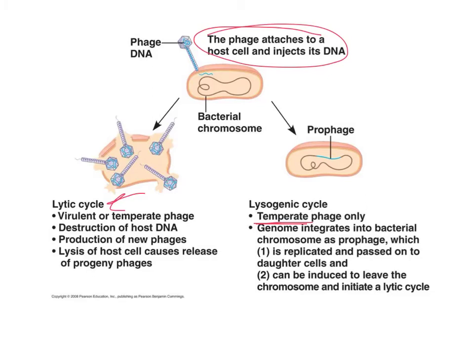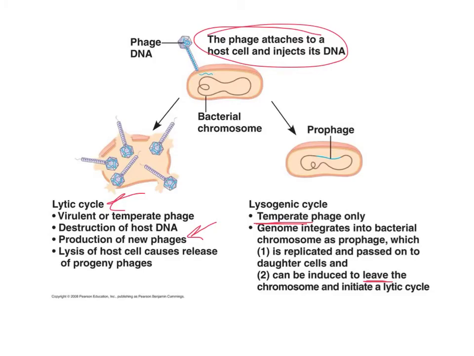During the lysogenic cycle, the host DNA is not destroyed. The viral DNA is mixed in with the host DNA, becoming that prophage, so that it keeps getting passed on. And so it's not doing transcription, it's not doing translation, like it is in the lytic cycle, where it's actually making new phages. And in the lysogenic cycle, no new phages are being made until it leaves the chromosome and starts that lytic cycle.